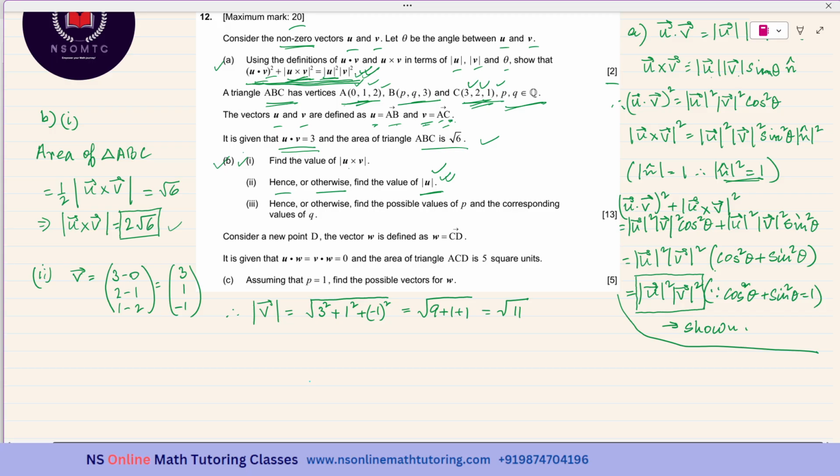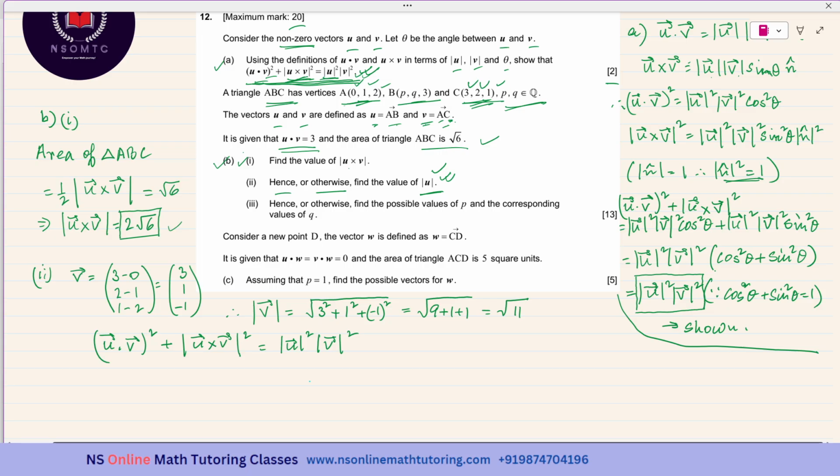So now I'm writing the equation once more. U dot V whole square plus magnitude of U cross V square equals magnitude of U vector square times magnitude of V vector square. Okay.